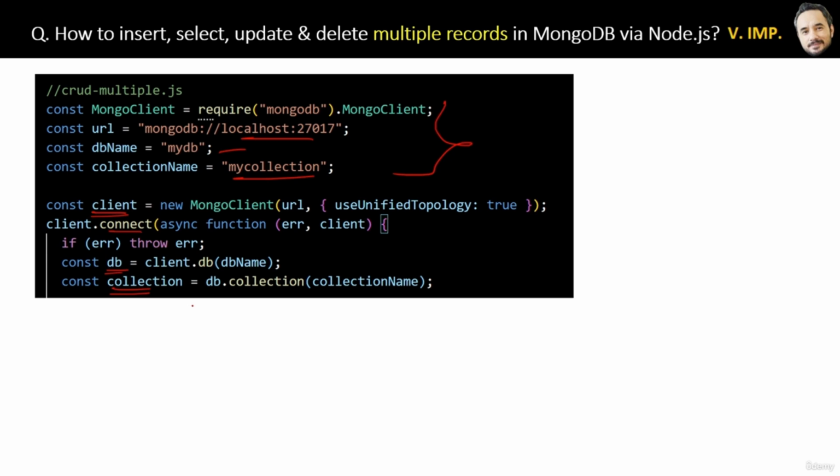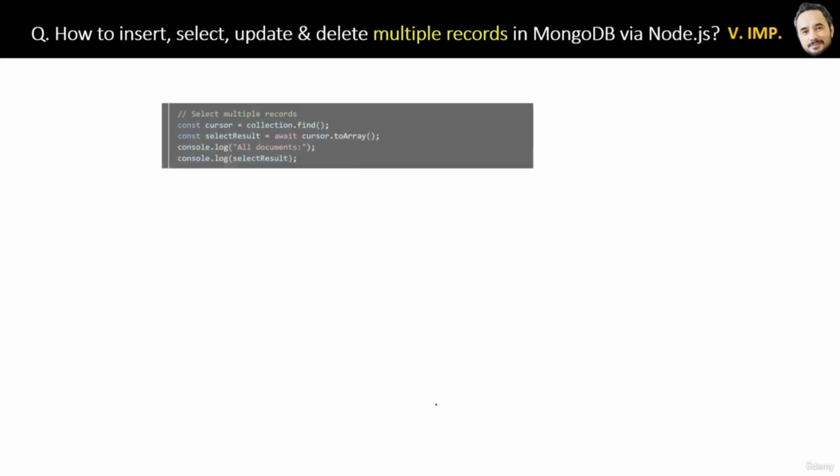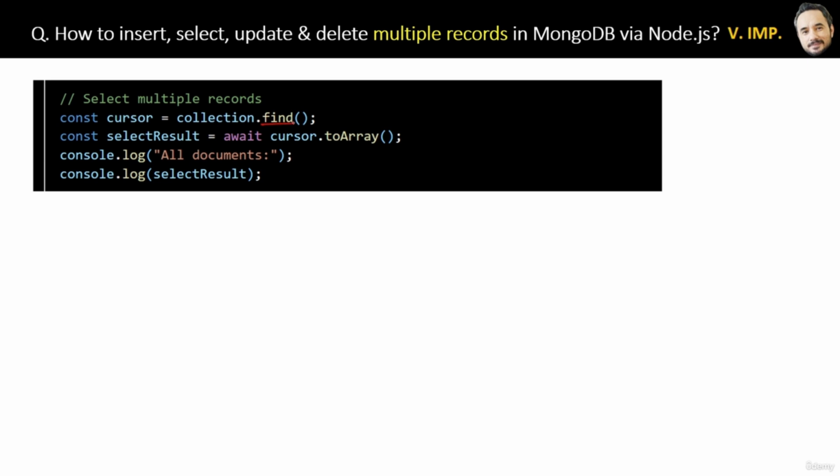Then first we are inserting these multiple records by using the insert many method like this. Nothing special. Then we are selecting multiple records by using the find method, and here we will get a list which we first convert to an array, and then we can use it and iterate over the records.